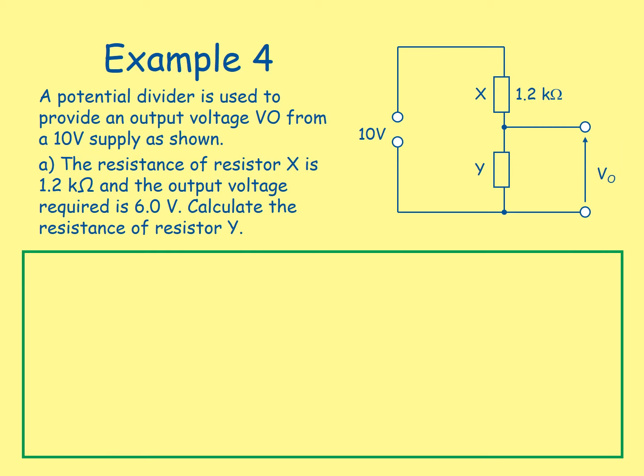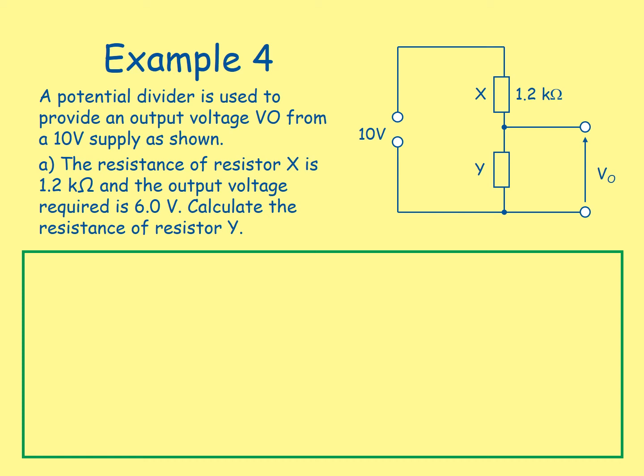Example 4. A potential divider is used to provide an output voltage, VO, from a 10 volt supply as shown. A. The resistance of resistor X is 1.2 kilo ohms, and the output voltage required is 6 volts. Calculate the resistance of resistor Y. First of all, we want to find our current.